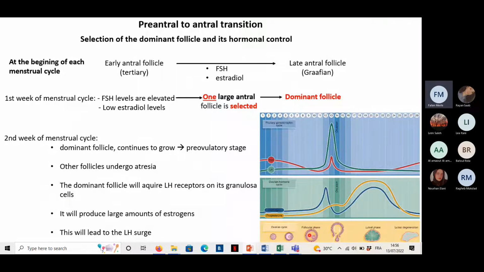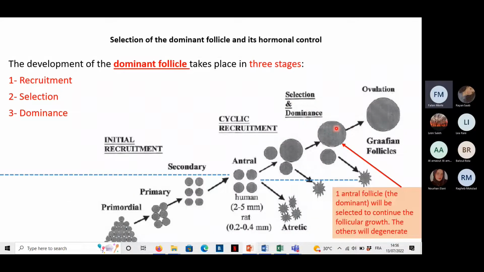The dominant follicle produces estrogen, and it increases during its development.